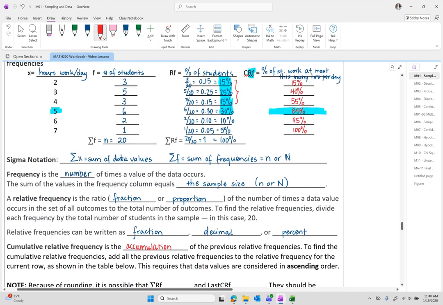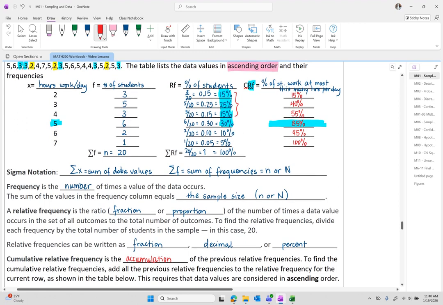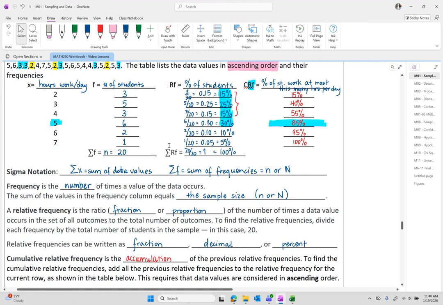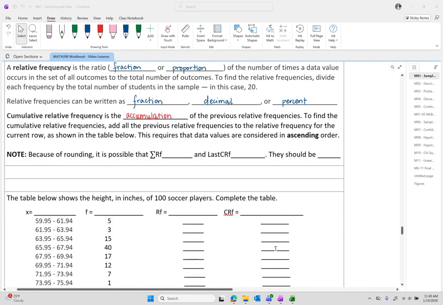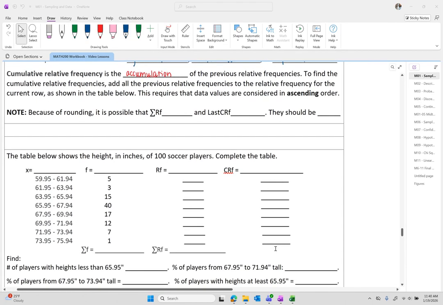Now, unlike our particular example where all the divisions of these fractional relative frequencies ended up giving us exact decimal answers, if you have to round your decimal answers and percentages, then you may not have a sum of relative frequencies equal to 1.